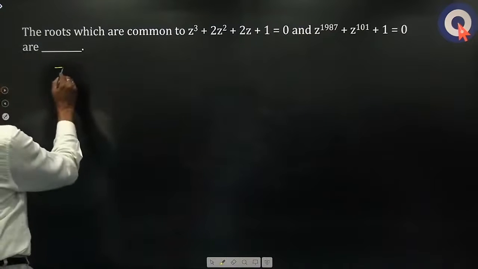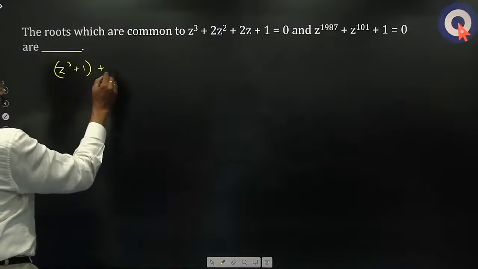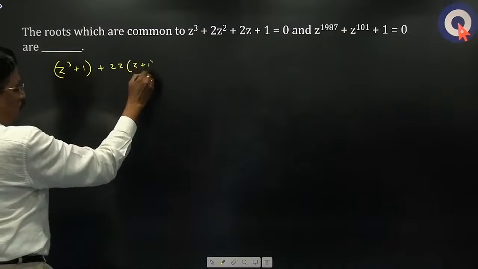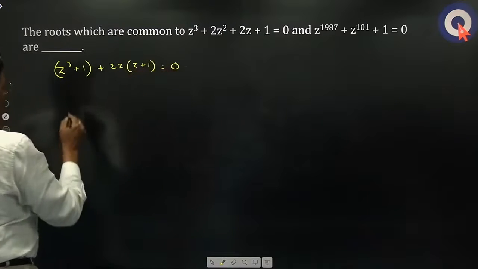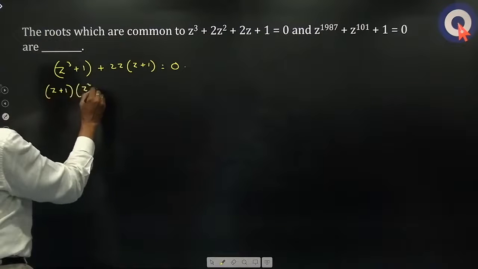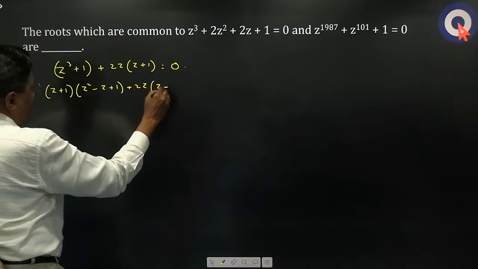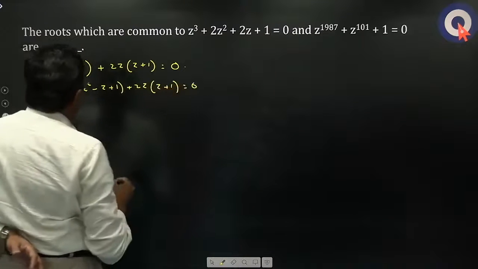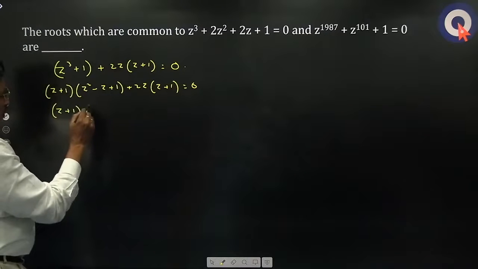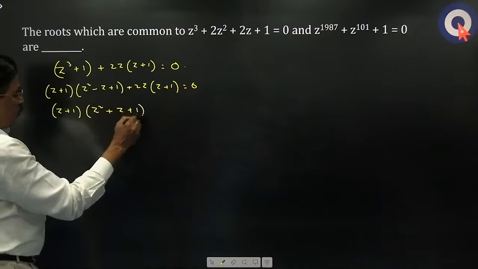Alright, so this is z cube plus 1 plus 2z into z plus 1 is equal to 0. So we have z plus 1 into z square minus z plus 1 plus 2z into z plus 1 equal to 0, right? So you can take z plus 1 common: z plus 1 into z square minus z plus 2z becomes z plus 1 is equal to 0.